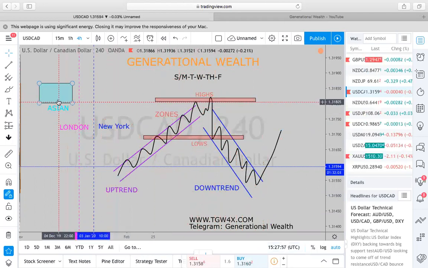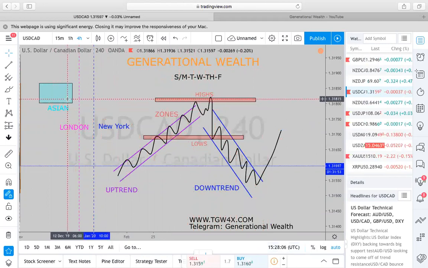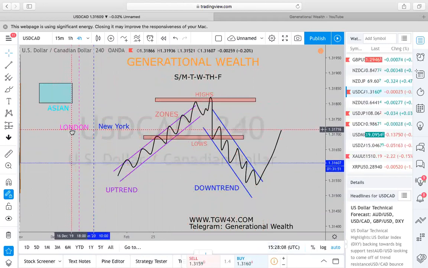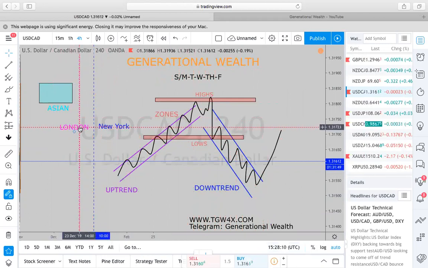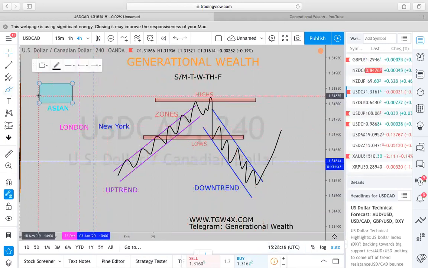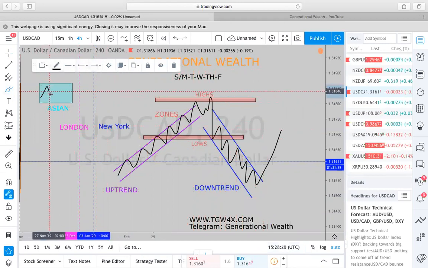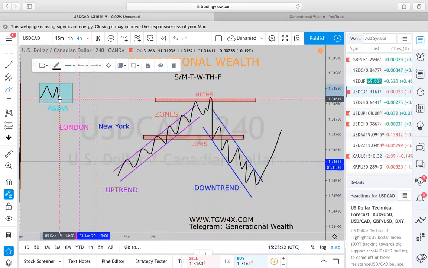Now what else you need to know about charting is your Asian session. You need to identify when the Asian session starts and ends, when London starts and ends, as well as the New York session. It looks a little something like this. The Asian session, as you might have heard, is our consolidation period, where the market is going up and down.